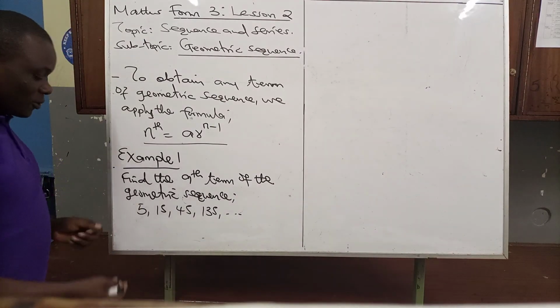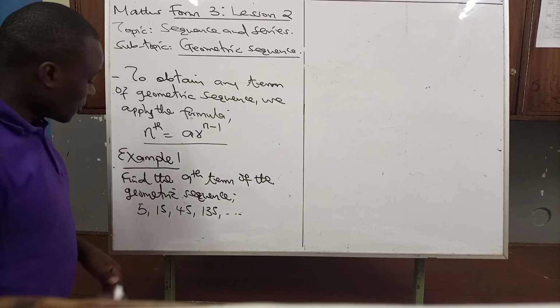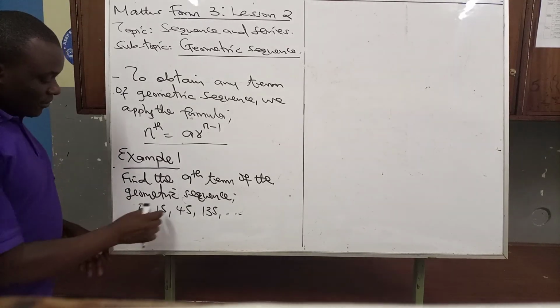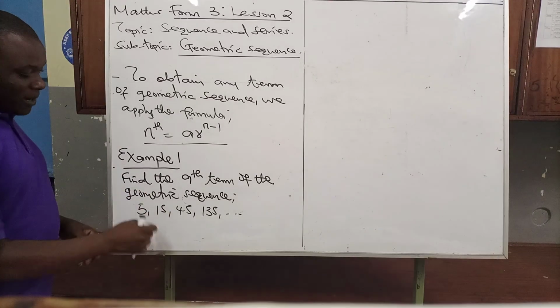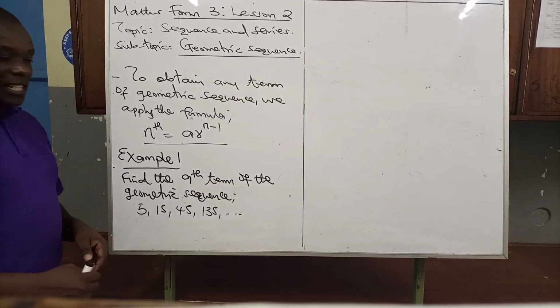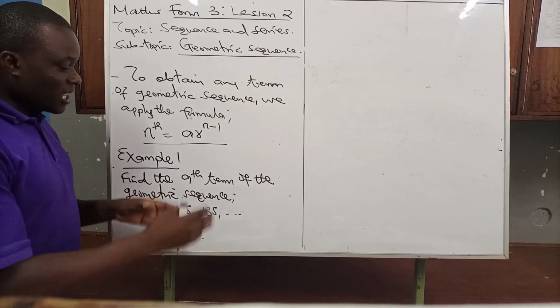To prove that, you take the first two consecutive terms, which are 5 and 15, and divide them. 15 divided by 5 gives you 3. 45 divided by 15 gives you 3. 135 divided by 45 gives you 3. That means this sequence contains a common ratio.